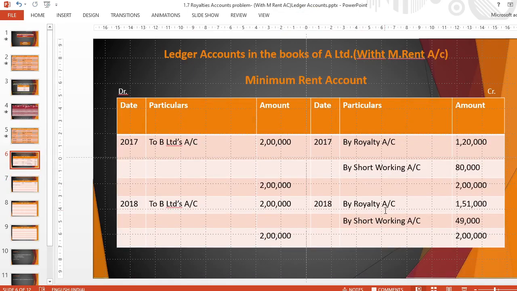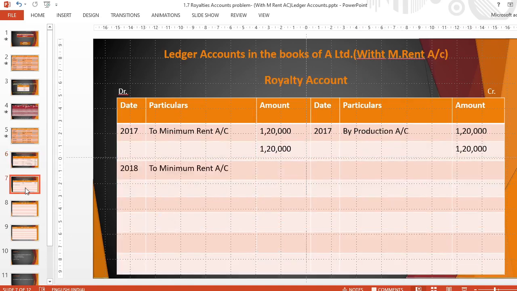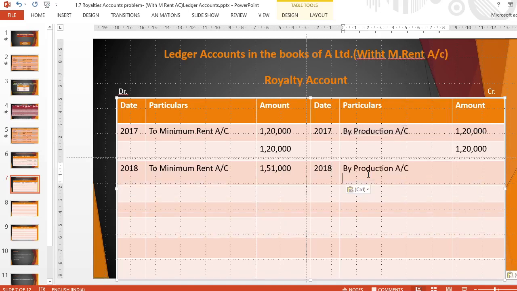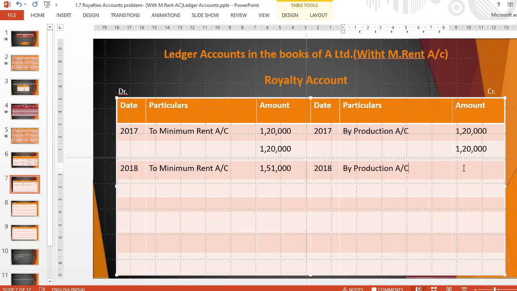In the second year, by royalty account, we have fixed 1,51,000. The opposite entry in the royalty account is 1,51,000. So this amount is transferred to production account. The entry on the credit side of royalty account is by production account. So we are going to transfer this 1,51,000 to production account.